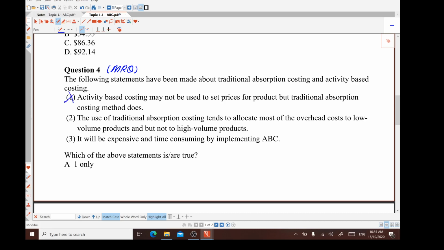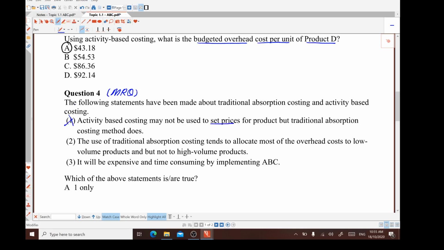Can we actually use ABC to set the price? Yes, of course. Why do I say so? When you use ABC to come up with the cost, eventually you'll be able to set the price. But the question is, from the cost to the price, it depends.